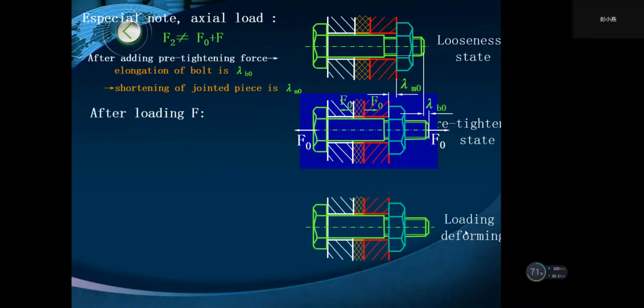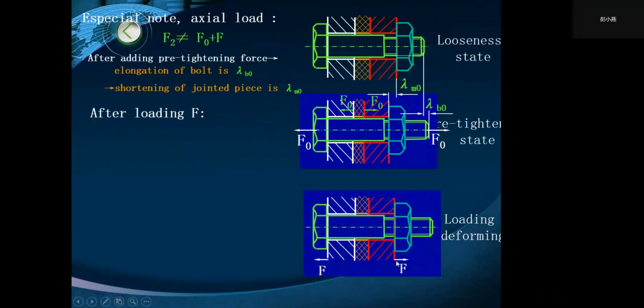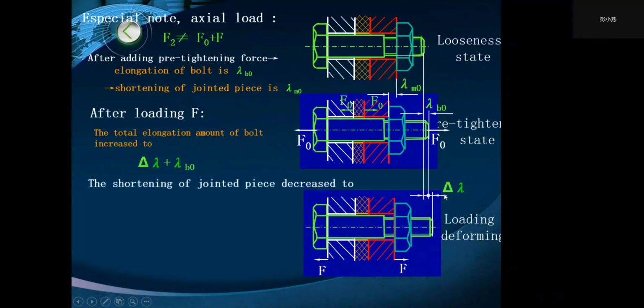Then after loading axial force F, F acts on the joint. The bolt will elongate by delta lambda, and the total elongation of the bolt increases to lambda B0 plus delta lambda.